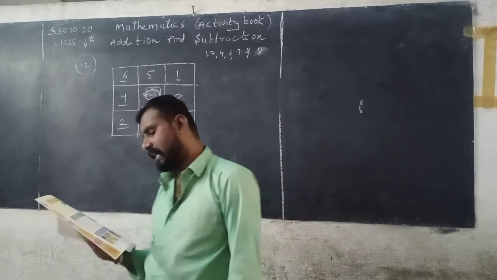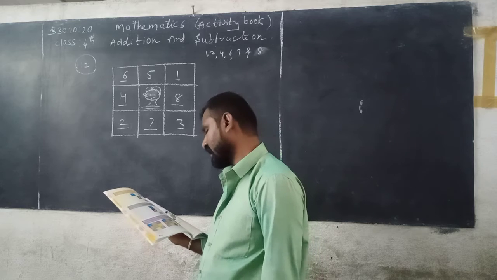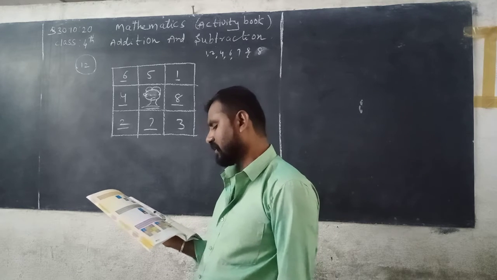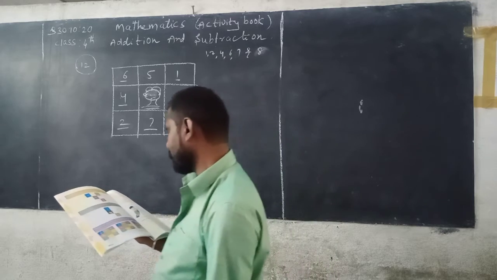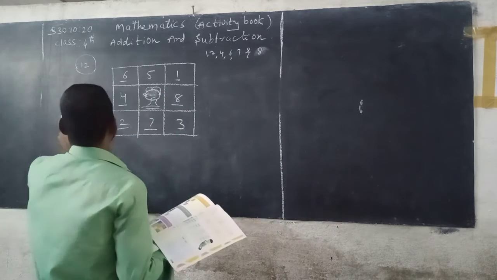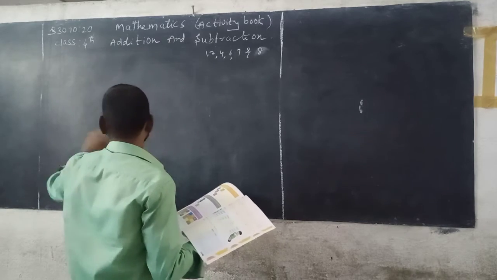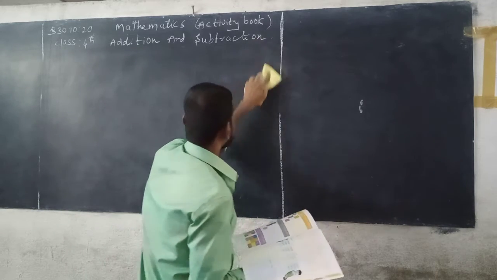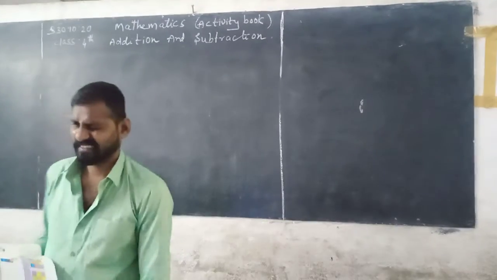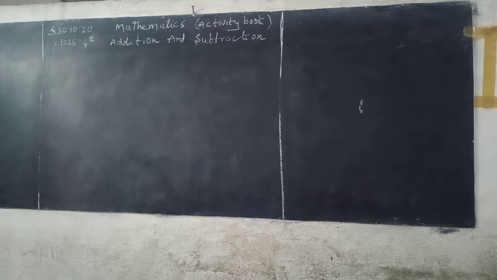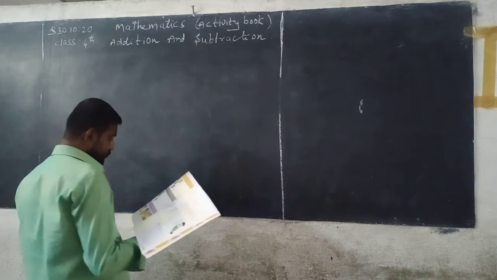Now next, identify the path to add the digits in the table to get the sum given below. One is done for you. Start adding from the marked digit. See page number 26.